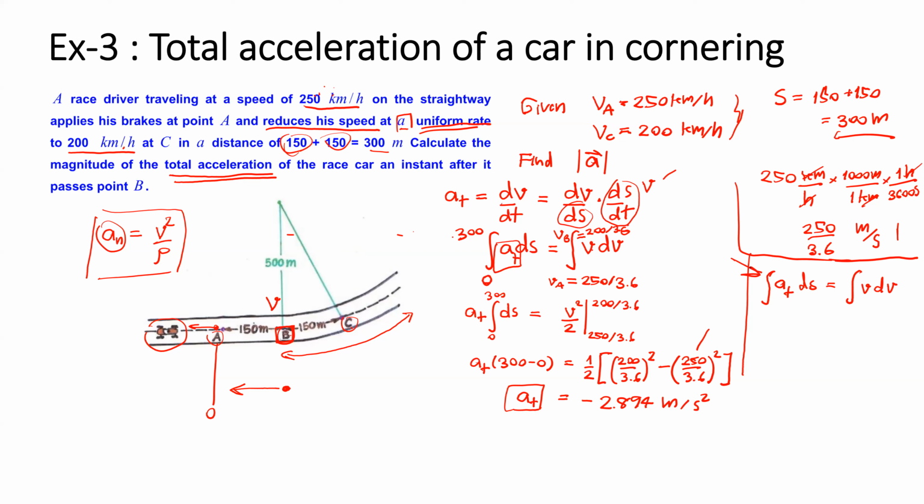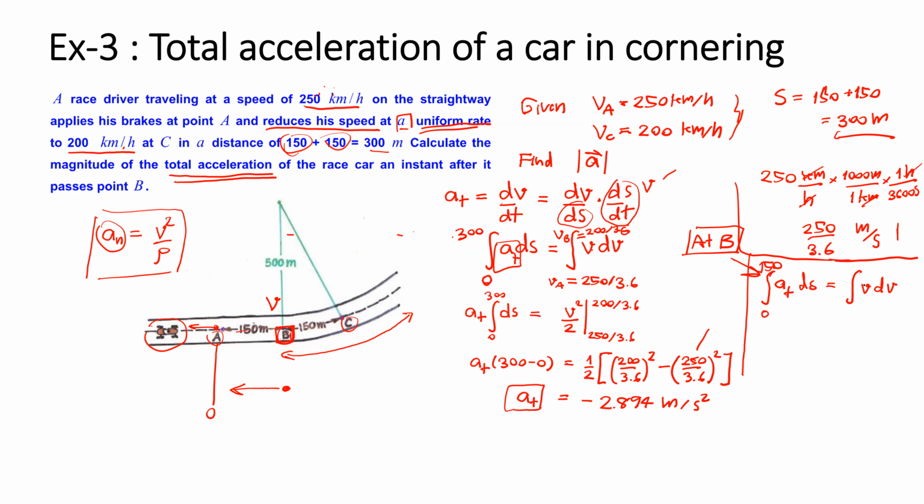We should focus that here is at point B. From point A to point B, we integrate from the distance 0 to 150. At point B, the distance is 150.